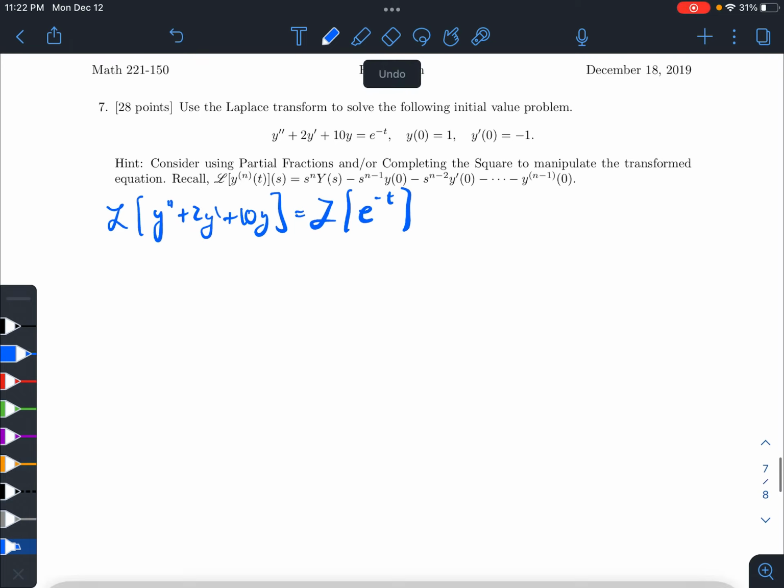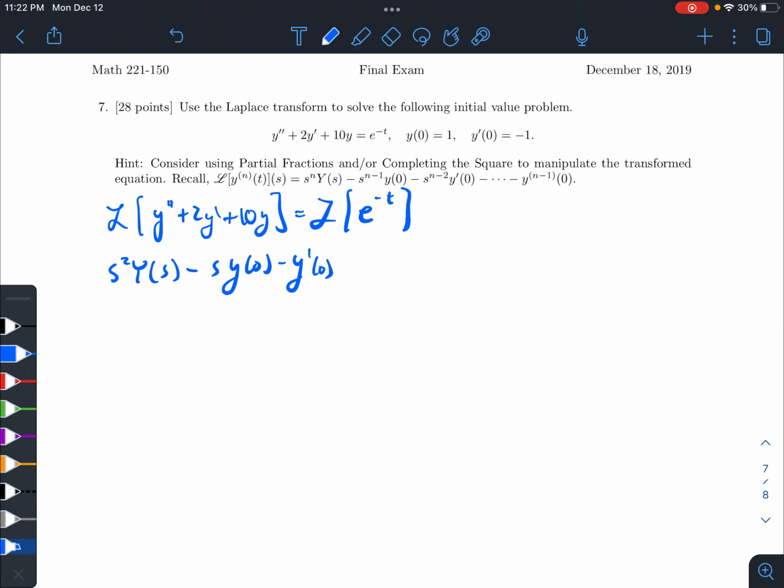The left-hand side, L of y double prime is s squared Y of s minus s y of 0 minus y prime of 0, plus 2 L of y prime, which is s Y of s minus y of 0, and then plus 10 capital Y of s.